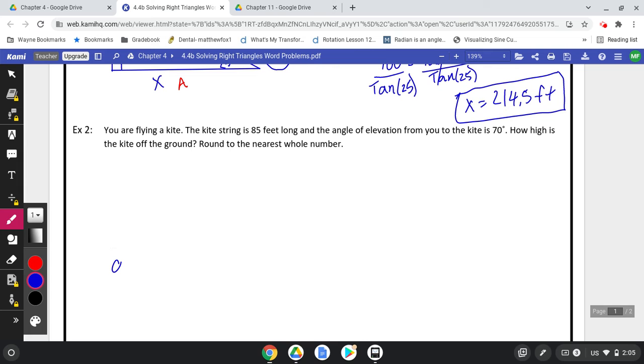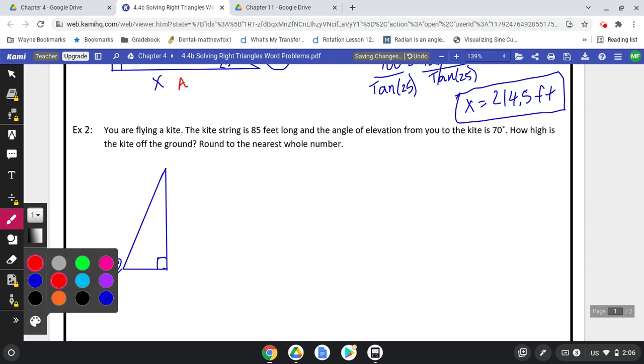Okay, so once again, here's our little person flying our kite. And let's see, we know that there's a kite up here.